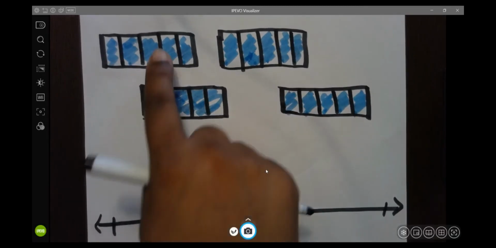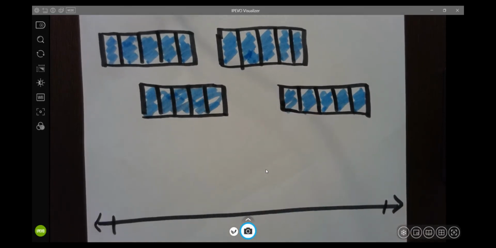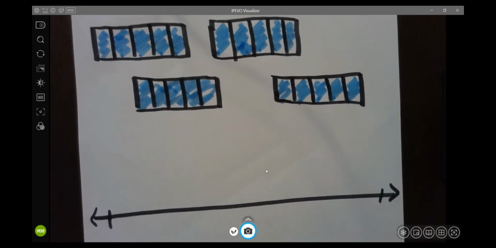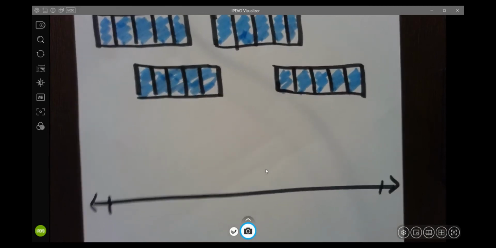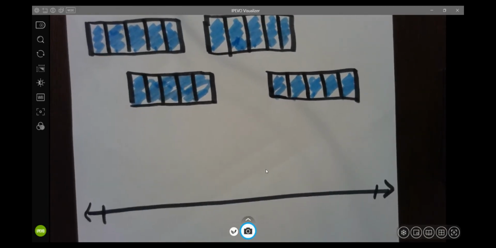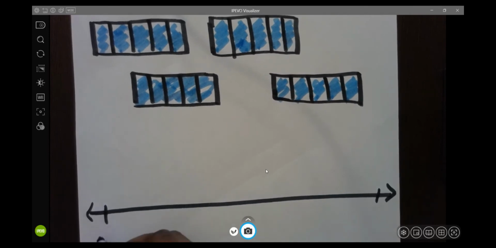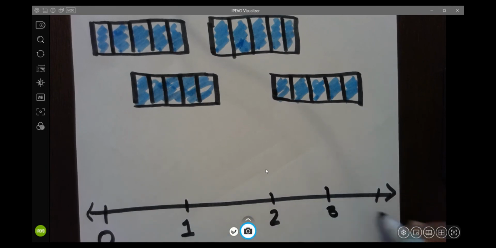Here, each one of these rectangles represents 1 whole. So how many wholes are there? There are 1, 2, 3, 4 wholes. So go ahead and put those numbers on your number line. So you have 0, 1, 2, 3, and 4.